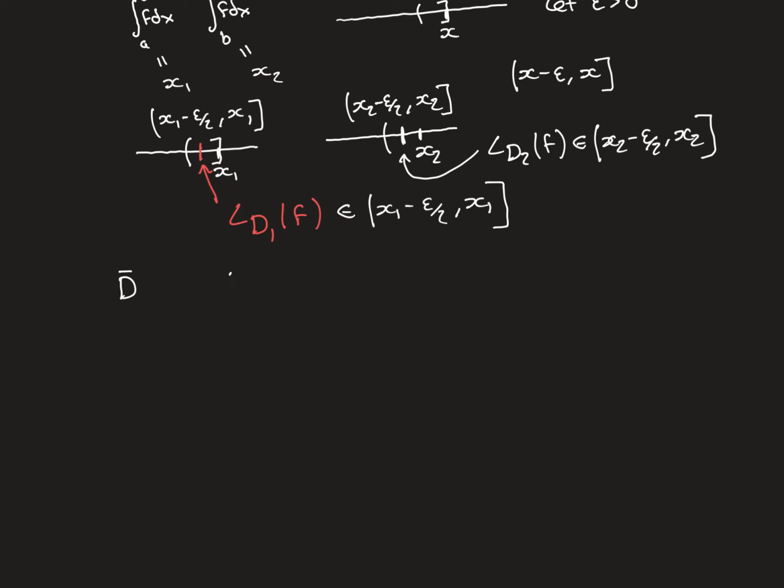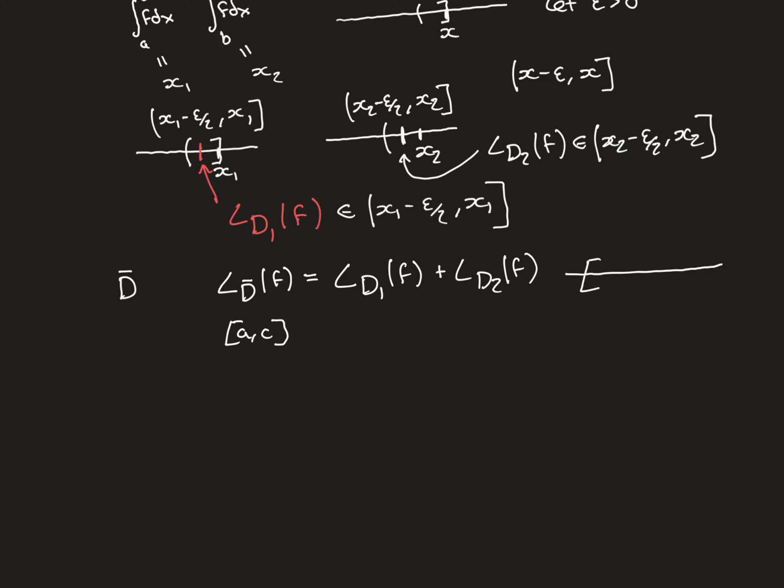Then what I can consider is the lower Riemann sum over d bar of the function f, which is now a lower Riemann sum over my entire interval AC, and of course again that is just going to be equal to the sum of these two lower Riemann sums. So it'll be the lower Riemann sum of f over d1 plus the lower Riemann sum of f over d2. And I'll just draw a picture again to convince you of that.